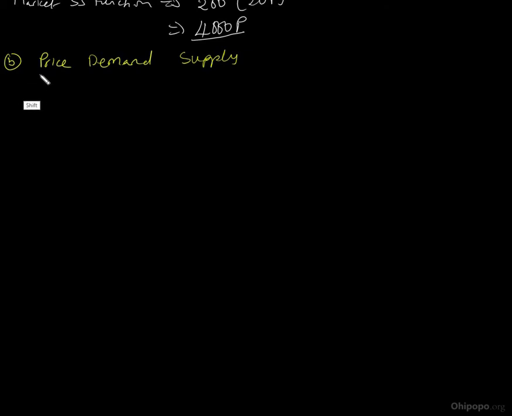Because we construct a demand and supply schedule. A demand and supply schedule is a table which represents price and quantity demanded and supplied. The price ranges from 1 to 5 francs, that is 1, 2, 3, 4, and 5 francs. That's the price range.